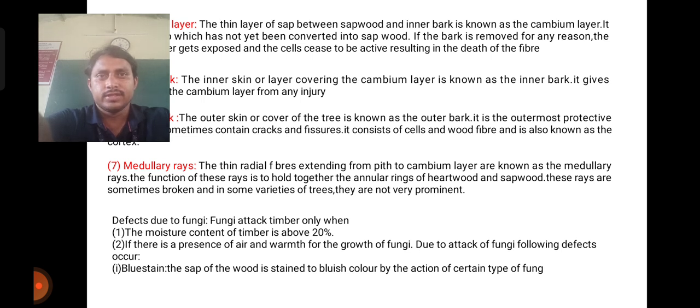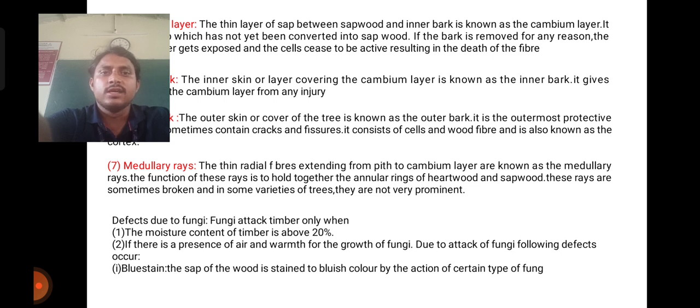If the wood structure absorbs moisture content above 20%, then fungi attack the timber structure. If fungi attack the timber structure, the structure is weakened. If the structure is weakened, it loses its strength. If it loses its strength, then automatically there is damage or collapse of the entire structure. So if the first component fails, then the entire structure fails.